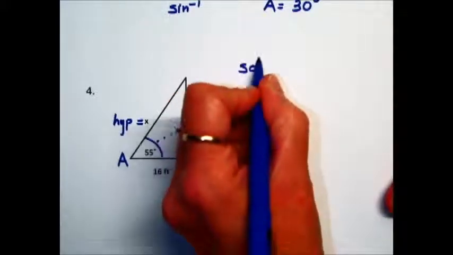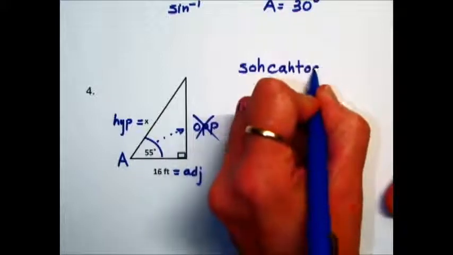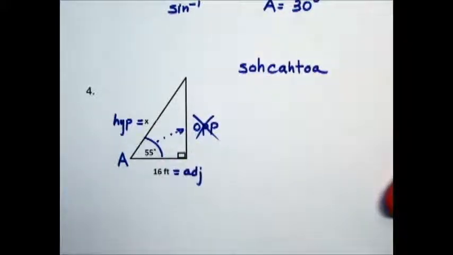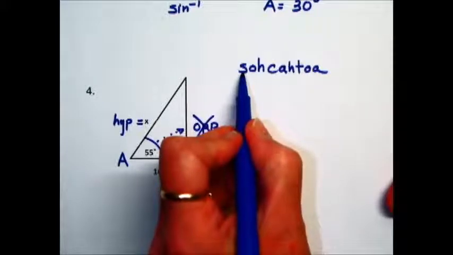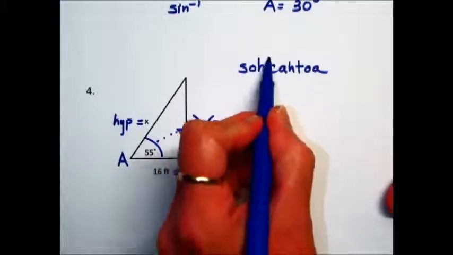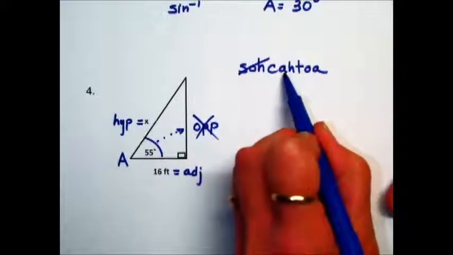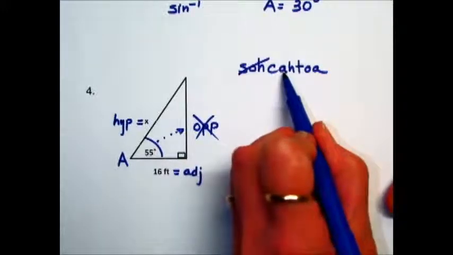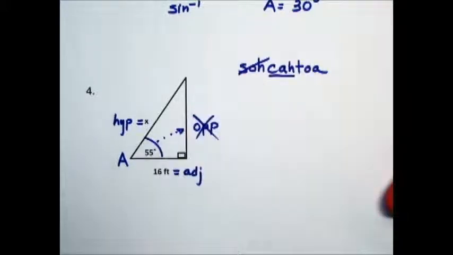Going to our SOH CAH TOA, our mnemonic for the three trig functions or formulas that we use, we'll look for the ratio that uses adjacent and hypotenuse. S for sine is opposite over hypotenuse. That's not going to do us any good, but cosine, C, AH for adjacent and hypotenuse, is the ratio that we will use to solve for our missing value.